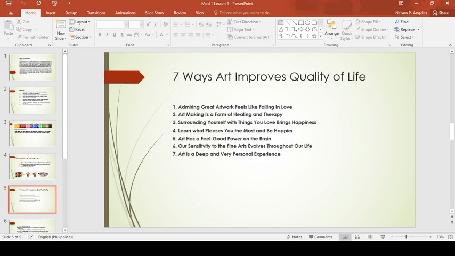Okay? Number 4, learn what pleases you the most and be happier. So to learn your own personal aesthetics, you can try simple ways to learn. So what pleases you? Or you may collect images that interest you.